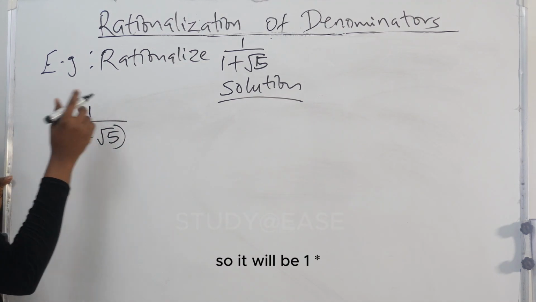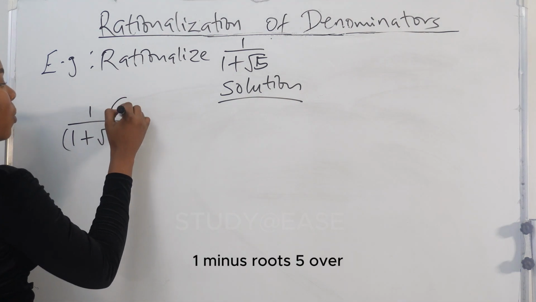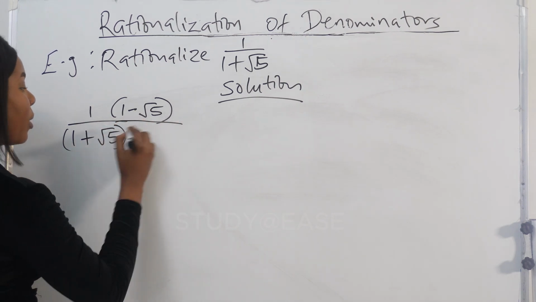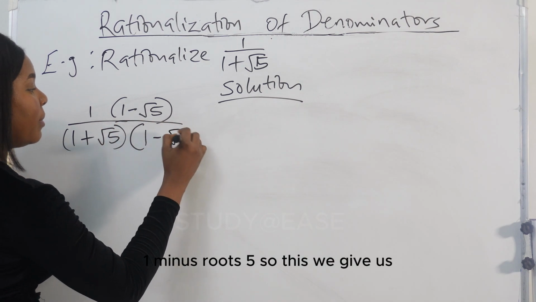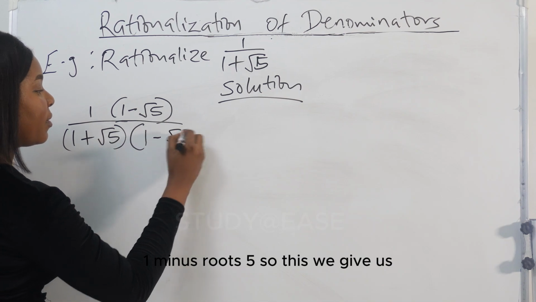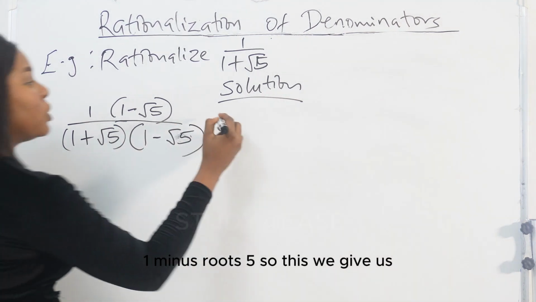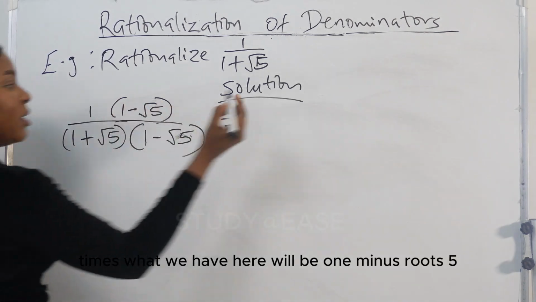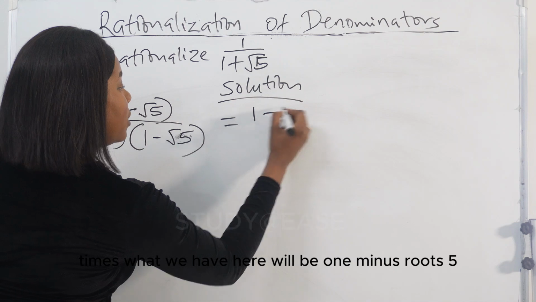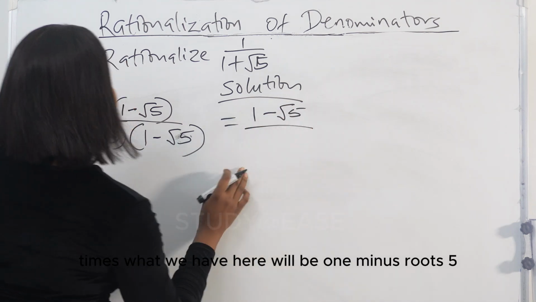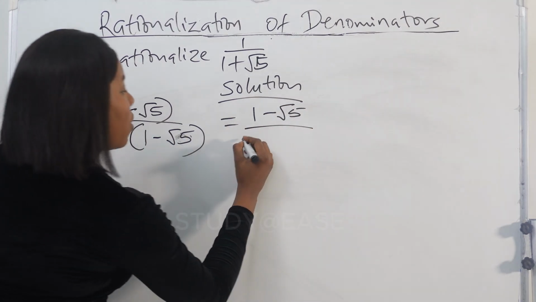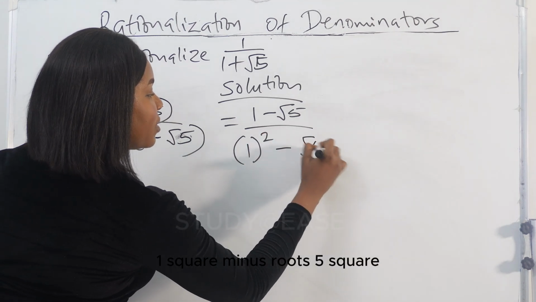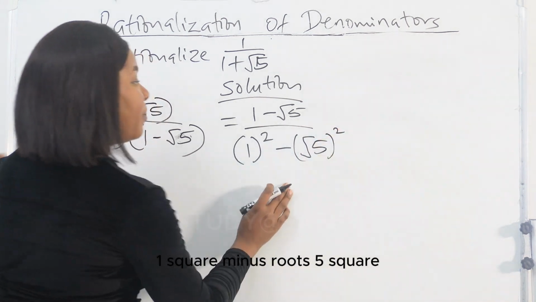So it will be 1 times 1 minus root 5 over 1 minus root 5. So the numerator will give us 1 minus root 5. And the denominator will give us 1 squared minus root 5 squared.